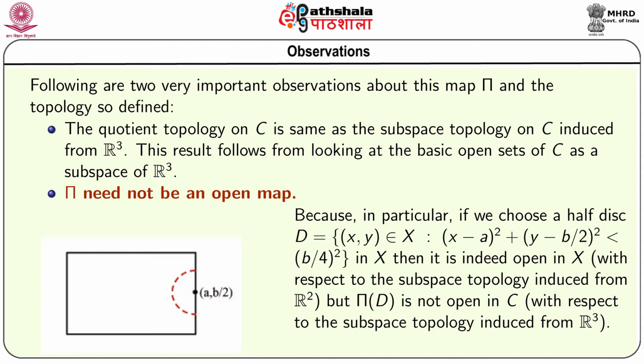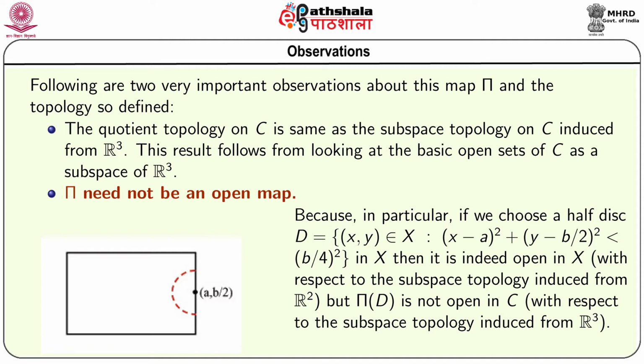Here is one illustration. If we take the half disk D containing the points x, y from capital X, having center at a, b by 2 and radius b by 4, then that is surely an open set in X with respect to the subspace topology induced from R2.